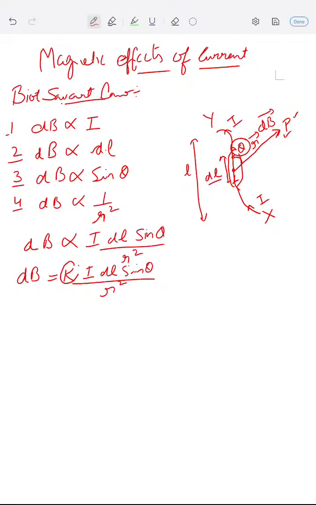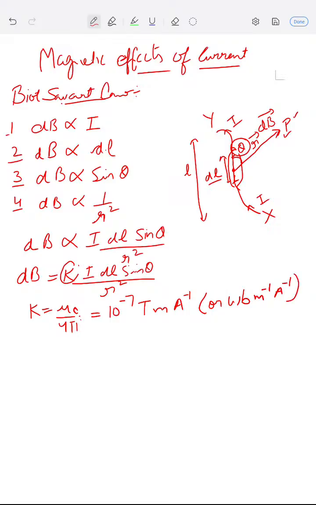What is the value of k? That is mu 0 upon 4 pi, which equals 10 raised to the power minus 7 Tesla meter per ampere, or we can say Weber per meter per ampere. This is the derivation of the Biot-Savart law.